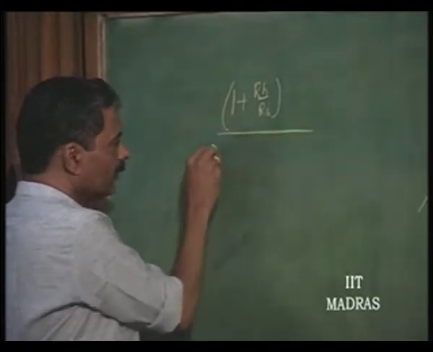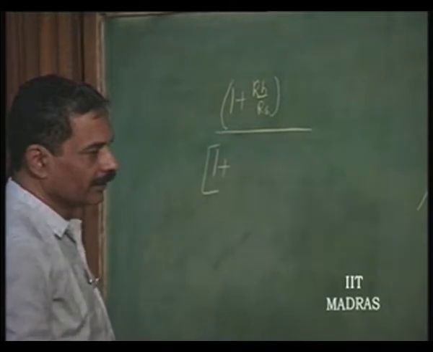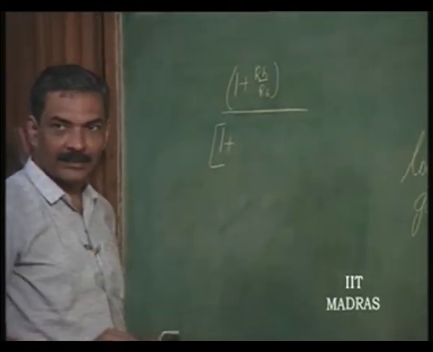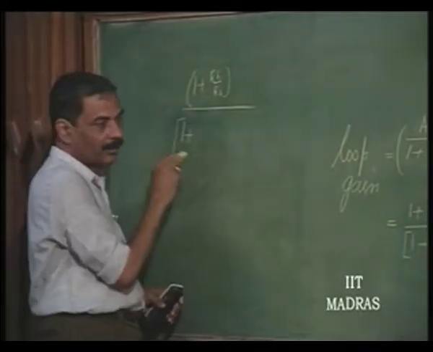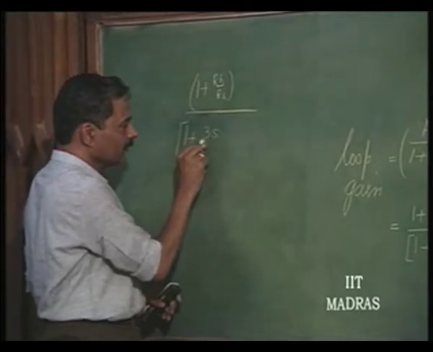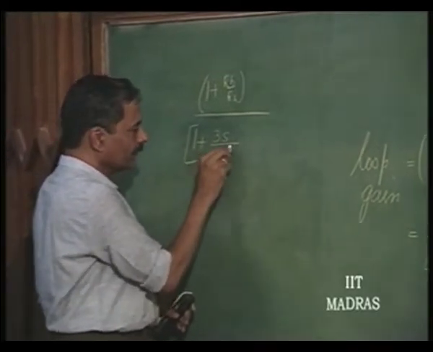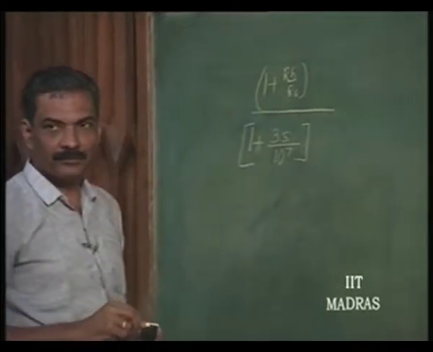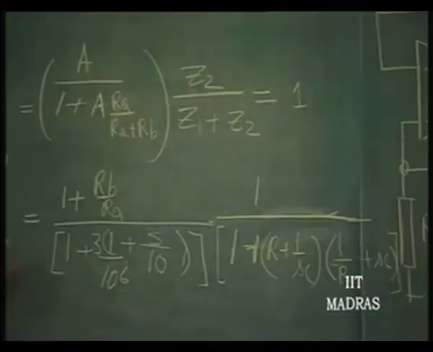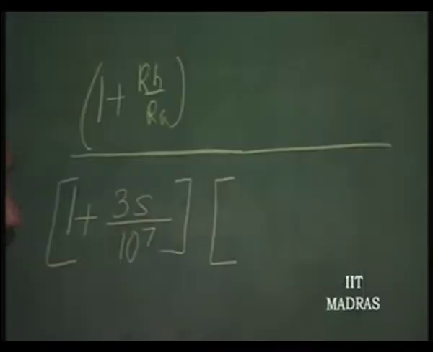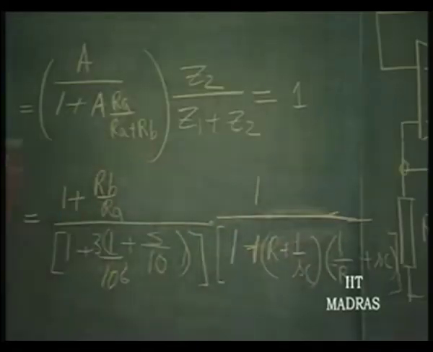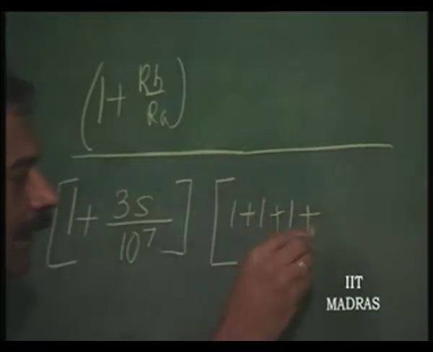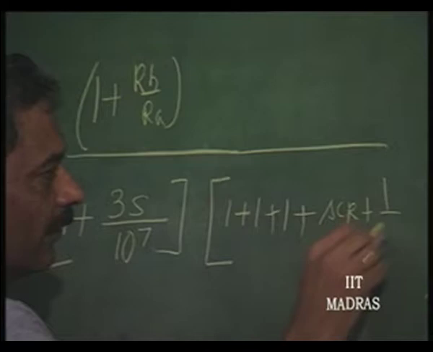divided by 1 plus, 3 by 10 to the power 6, we can neglect that. 3 by 10 to the power 6 can be neglected compared to 1 plus 3s divided by 10 to the power 7. This is the contribution of this part of the denominator. This is going to be represented as 1 plus 1 plus 1, 3 plus sCR plus 1 over sCR.